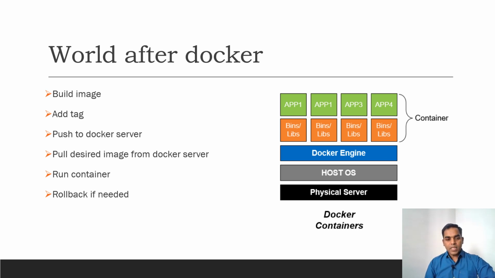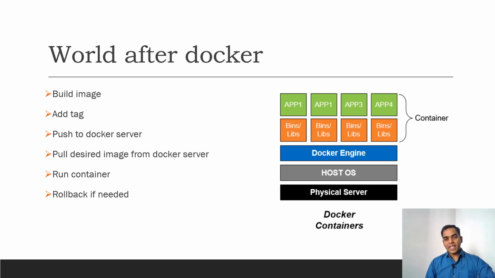Then we tag the image, meaning we give it a version name, like attaching a sticker to it, and push it to the Docker repository, so that wherever we want, we can pull it from there. Then we go to our server, pull that image and run as many containers, or instances, as we want.